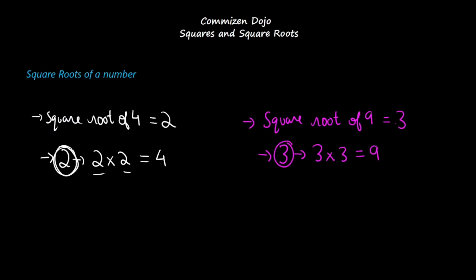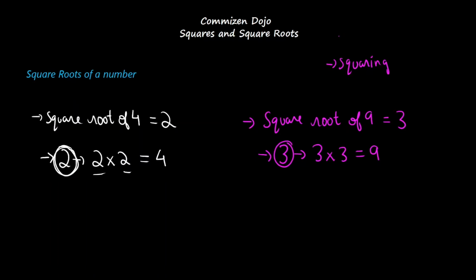But tell me something. I said that square root of 9 is that number which, when multiplied by itself, gives 9 as the answer. So, tell me something. Isn't multiplying a number by itself same as squaring it?